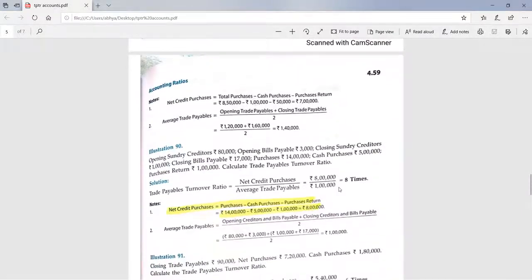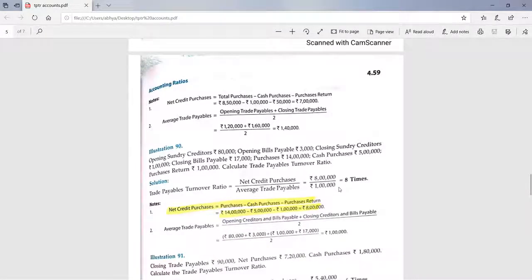Now, illustration number 91. Write down. Closing trade payables 90,000. Net purchases 7,20,000. Cash purchases 1,80,000.